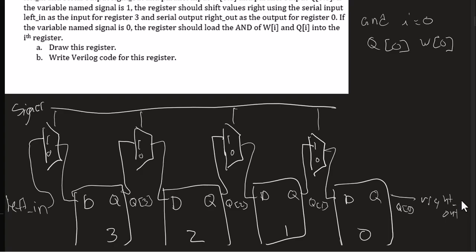So we're not getting it from the one before or the one after, we're getting it from itself. So I'm taking the AND of W0 and Q0, and that's going into the 0 input of the multiplexer.